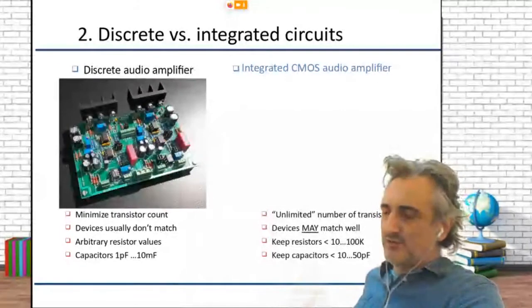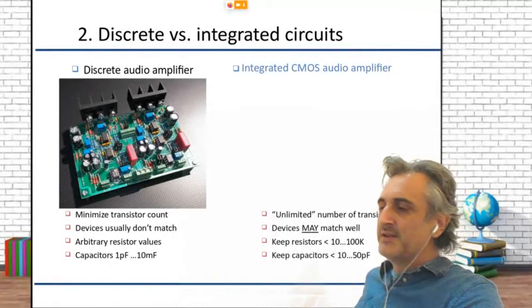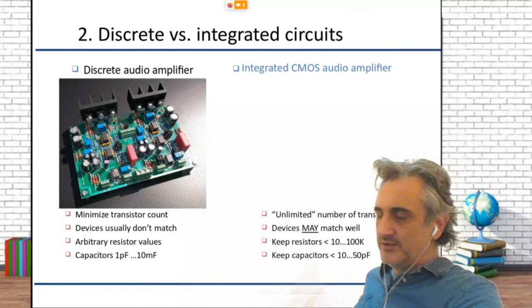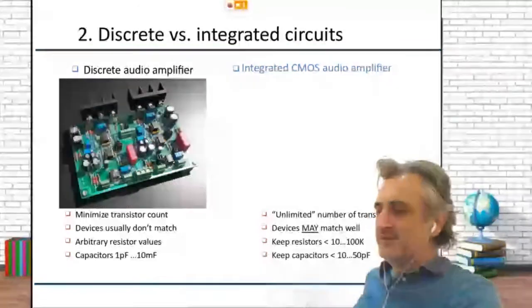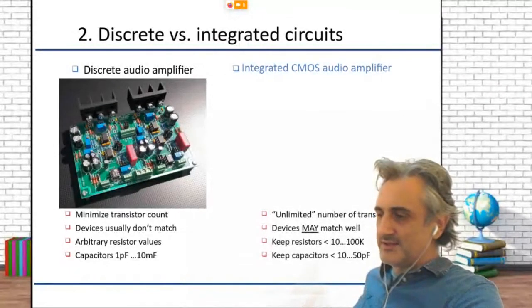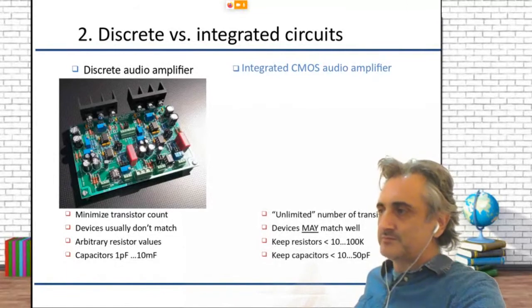That means that, for instance, if you have two different operational amplifiers, the gain will not be exactly the same. If you have two transistors, the gain will not be the same, and the threshold voltage may also vary a little bit from one to another.